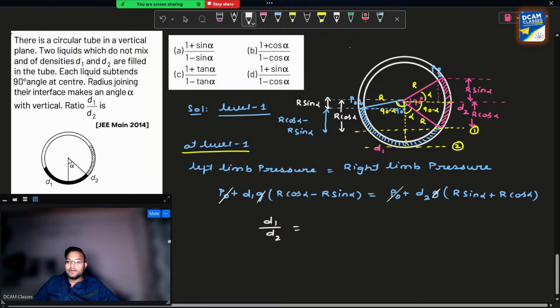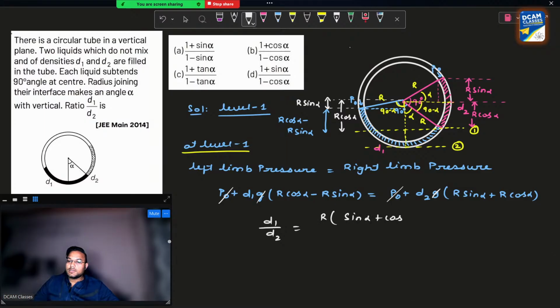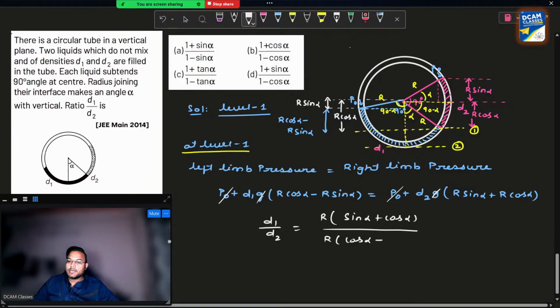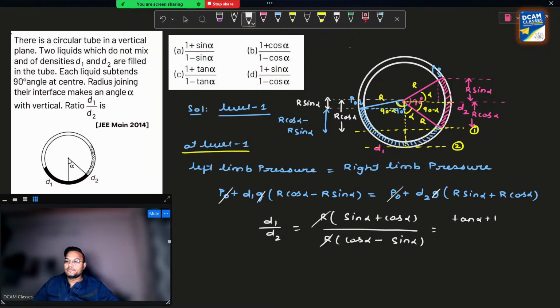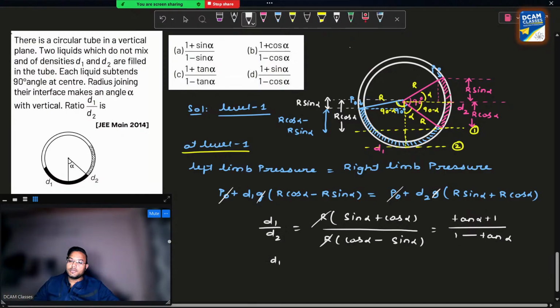So D1 by D2 will be equal to R common, sin alpha plus cos alpha, divided by R into cos alpha minus sin alpha. R will be cancelled. Now divide numerator and denominator with cos alpha. You'll get tan alpha plus 1 by 1 minus tan alpha. So the answer is D1 by D2 equals 1 plus tan alpha by 1 minus tan alpha. C option.